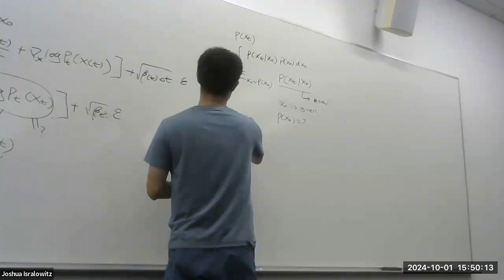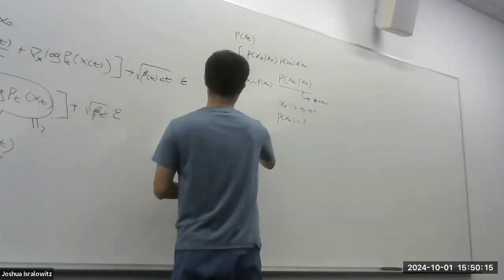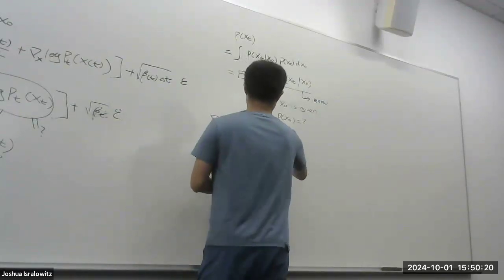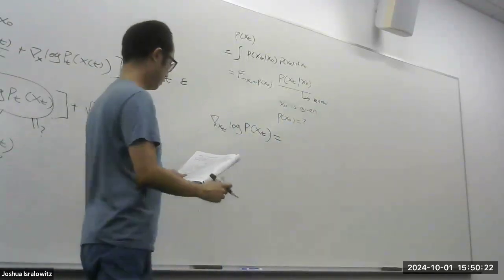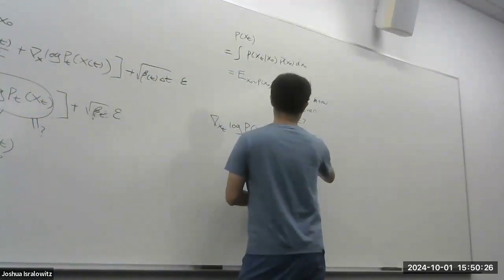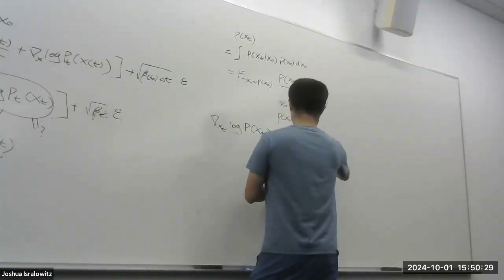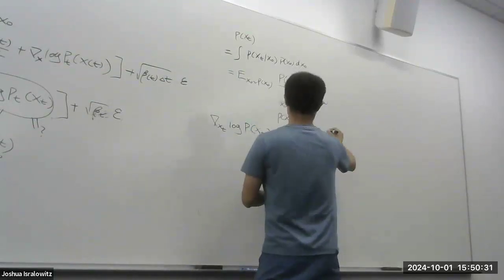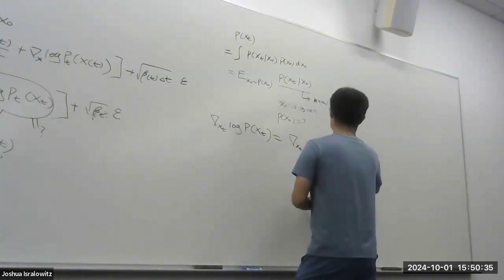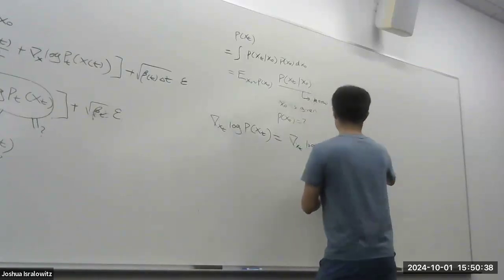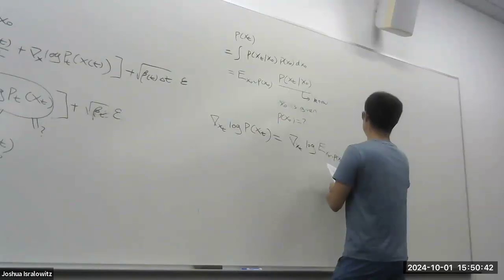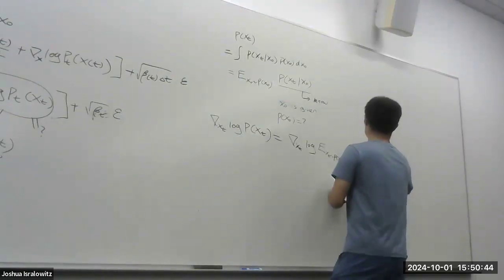What we really want to know is the gradient with respect to xt of log of p of xt. So let's plug in: gradient of xt of log of the expectation, with x0 sampled from p of x0, of p of xt conditioned on x0.